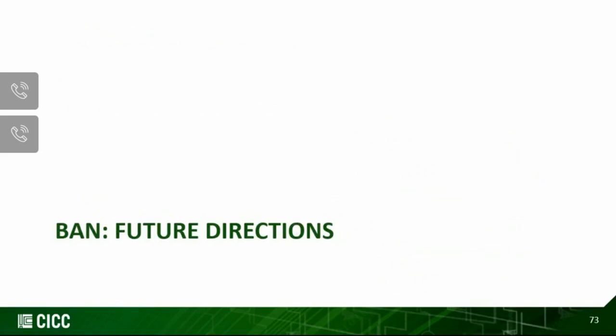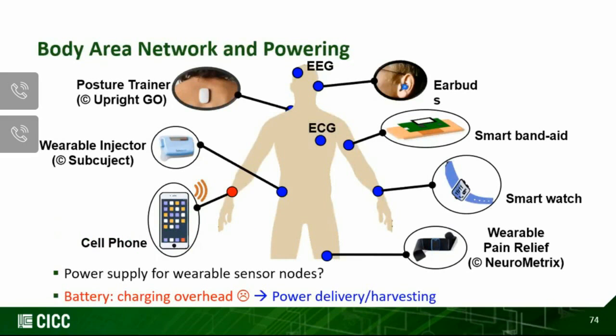Before we conclude this tutorial, I would like to show some future aspects and future directions of body area networks, and one of them can be the powering aspect. As technology produces a miniaturizing effect, more and more wearable devices have been emerging, such as AirPods, wearable injectors, EEG devices, patches, and so forth.